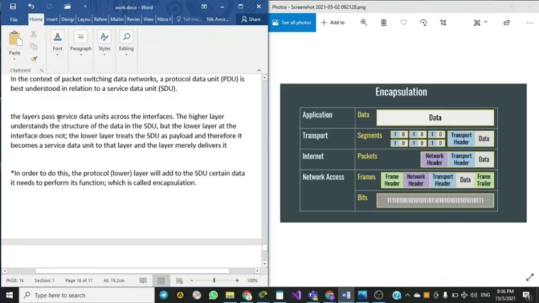The layer passes a service data unit across the interface. The higher layer understands the structure of the data in the SDU, but the lower layer at the interface does not. So the lower layer treats the SDU as payload, and it becomes a service data unit to that layer, which merely delivers it.